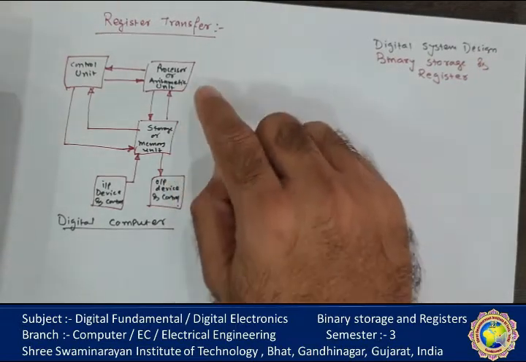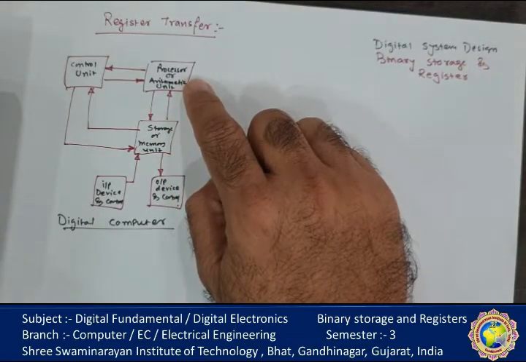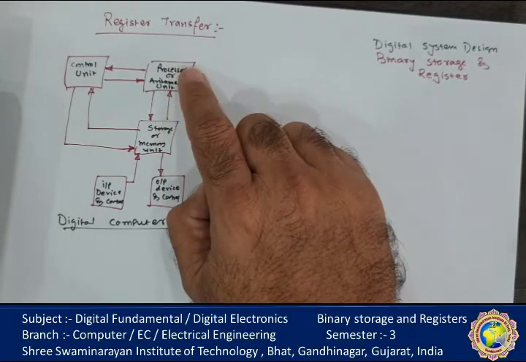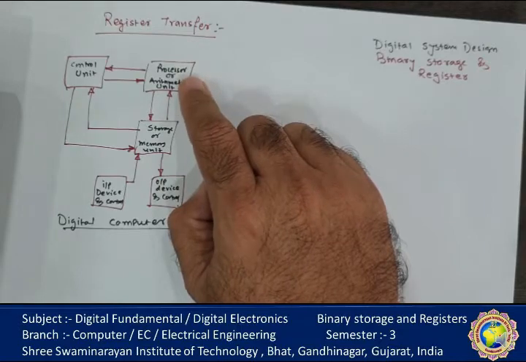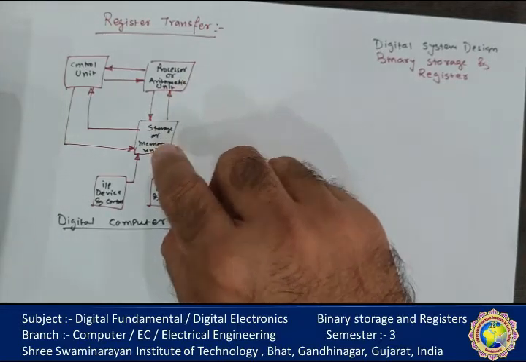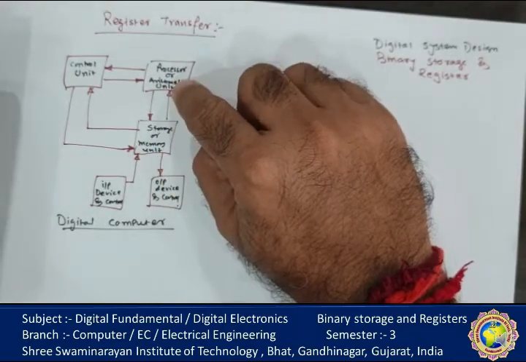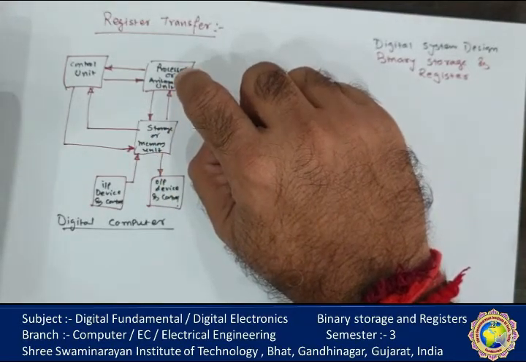The processor unit is composed of various registers that store the operands upon which operations are performed. Suppose there is a summation, so the summation unit takes two inputs from the memory, reads them, and processes them according to the program.